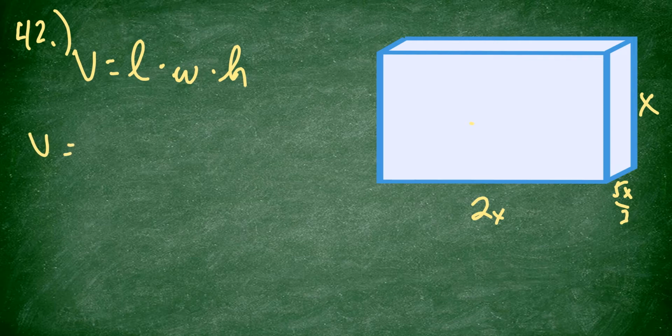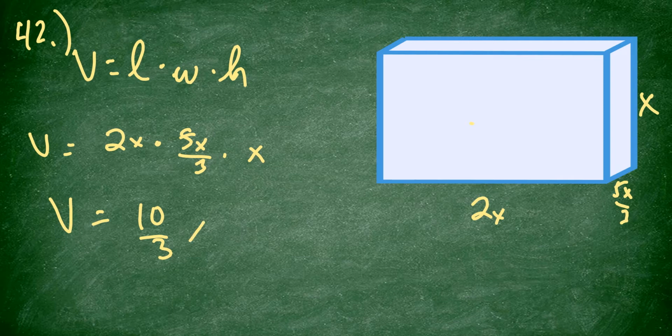Volume equals 2x times 5x over 3 times x. So volume is equal to 10 thirds, because 2 times 5 is 10, and I have 3 x's, so that's x cubed. That's how I would write it. There's a bunch of different ways to write it, but that's how I would write it.